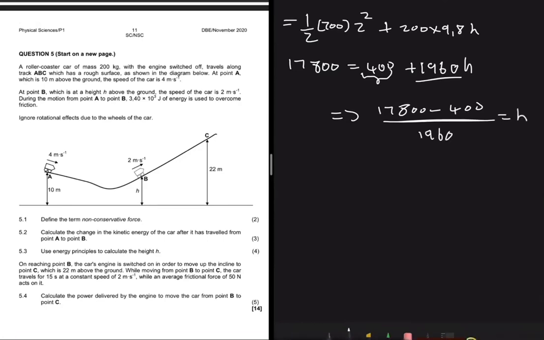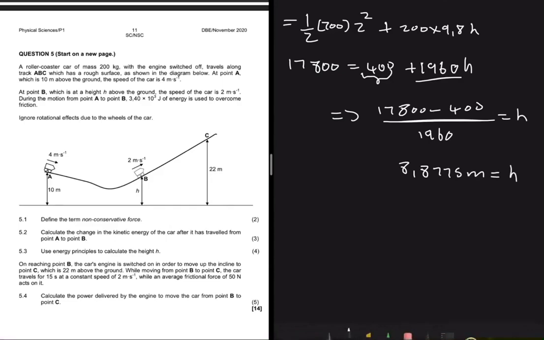Let me put that in the calculator. We have 17,800 minus 400 divided by 1960. Our h is therefore 8.8775 meters, right?